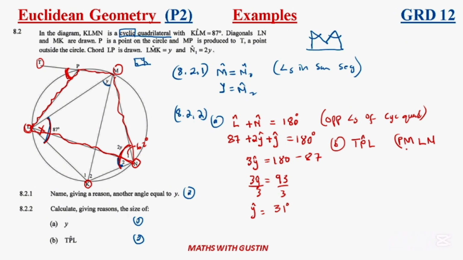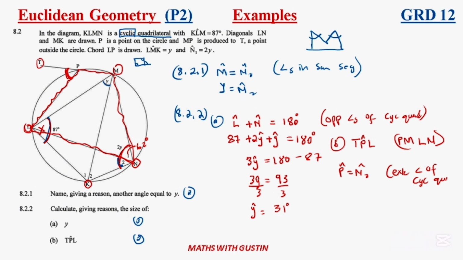They didn't say that this is cyclic, but it has got a circle around it, so I'm just going to cheat it and say exterior angle of a cyclic quad, which is P, is equal to N2, reason being exterior angle of a cyclic quad.